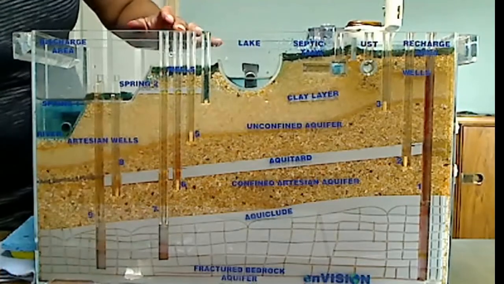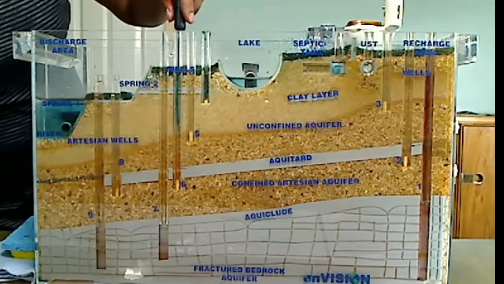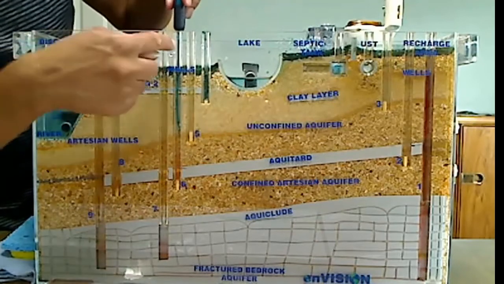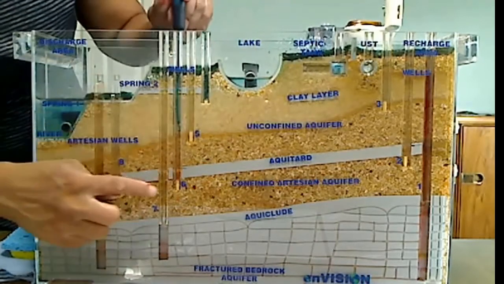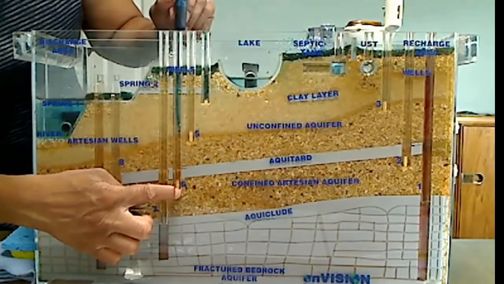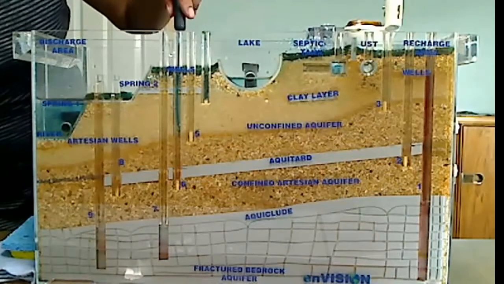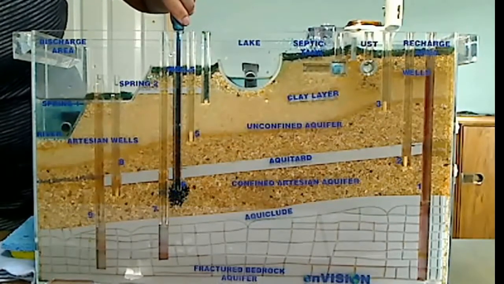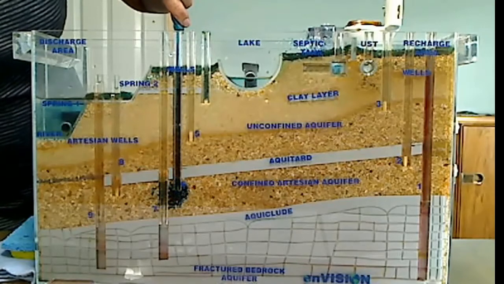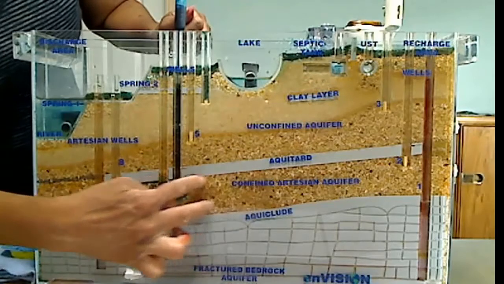So we're going to demonstrate that by adding some blue dye here into this well number 6 so that we can put a little color into this confined artesian aquifer and then be able to see how the groundwater moves. You'll notice that that blue dye is contained within this area here.